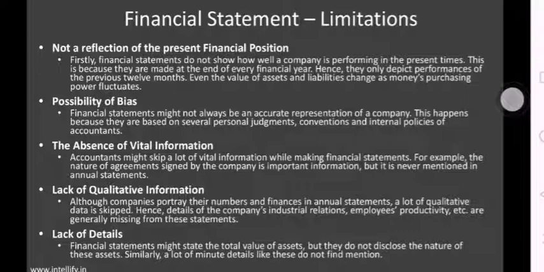Then there is the possibility of bias. Since it is prepared by a human, errors are likely to be there, judgments will be there, and attempts will be made to hide the true financial position and make it more lucrative or attractive. Then we have absence of vital information, lack of qualitative information, and lack of details.